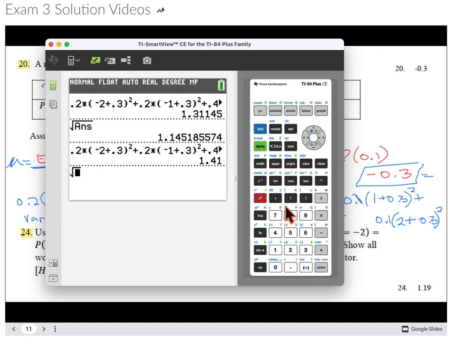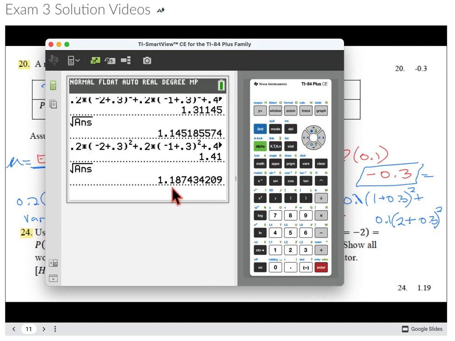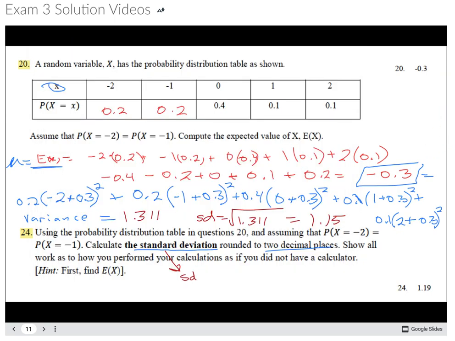So square root of the answer, and we'll get 1.187, which rounds to 1.19. So we were able to check it out. Our work was good, but our entry was not.